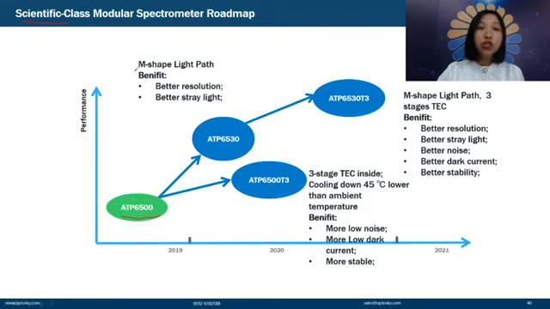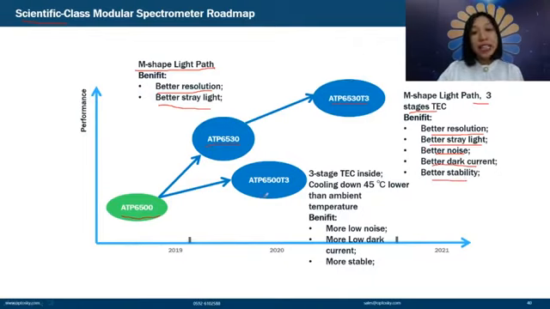We have an M-shape optical path with a better resolution and a better straight line, ATP 6530. And we can have a 3-stage TEC to have a better resolution, better straight line, lower noise, and a lower dark current, and higher stability.